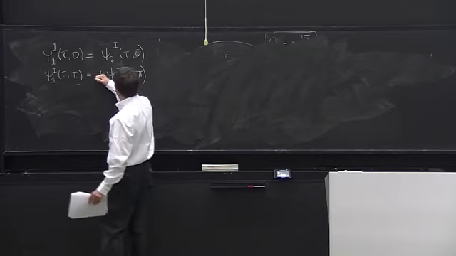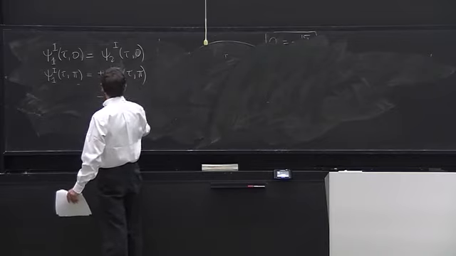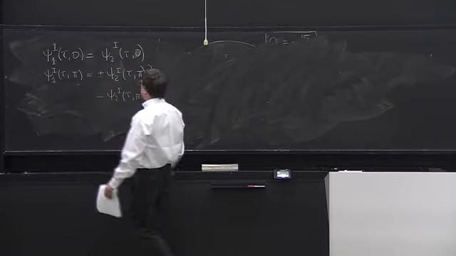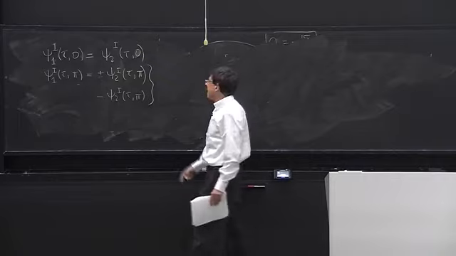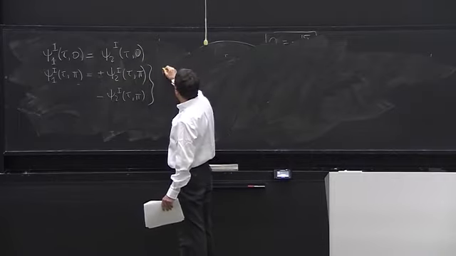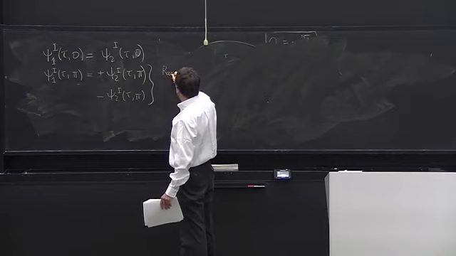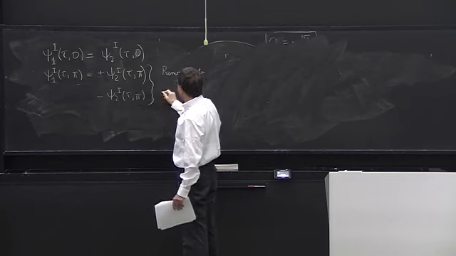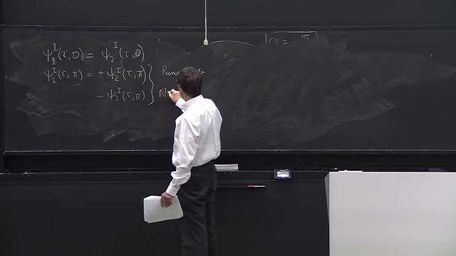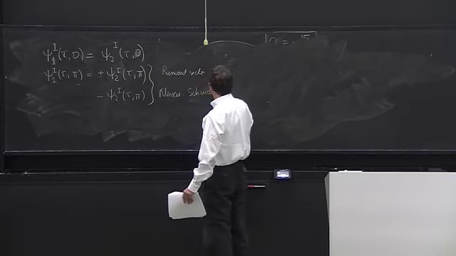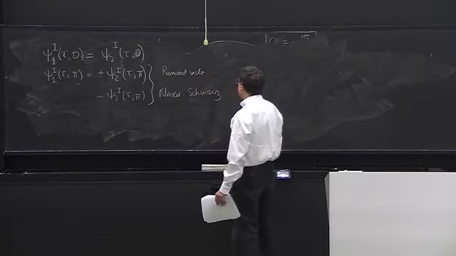I'll put them separately: plus and minus psi2 of tau pi. The plus is going to lead to something that is periodic, the so-called Ramond sector. And the minus is going to go to the Neveu-Schwarz sector.